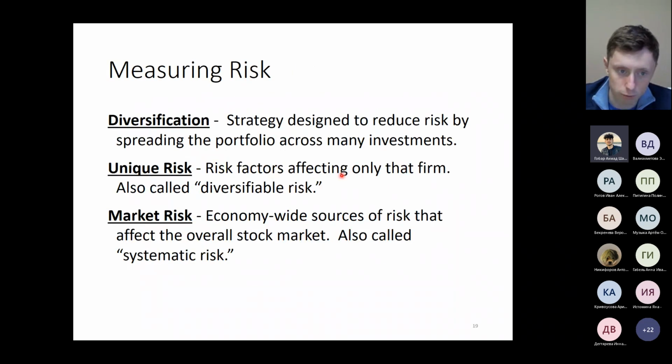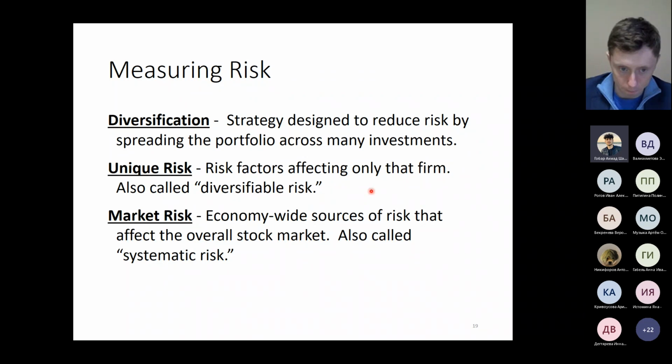These are risk factors that affect only the firm, that are specific for this firm, or unique for this firm. Then we can diversify them away. So if a risk is relevant only for one firm, by having many assets together, we get rid of all things that are relevant only for one firm.